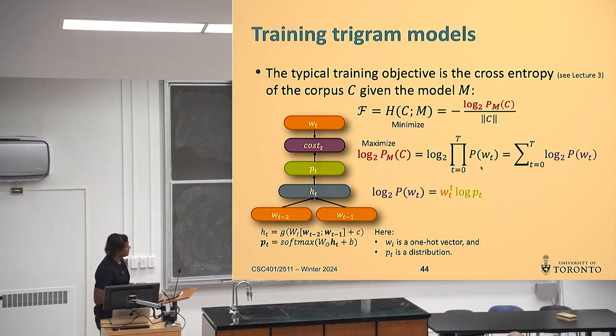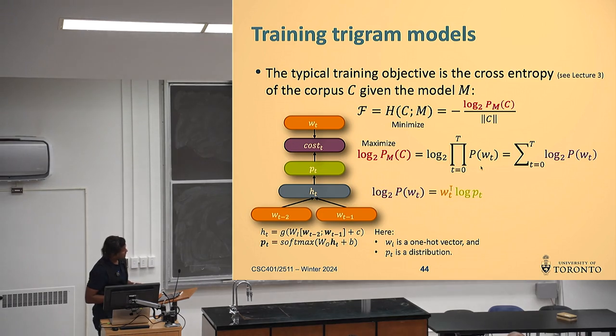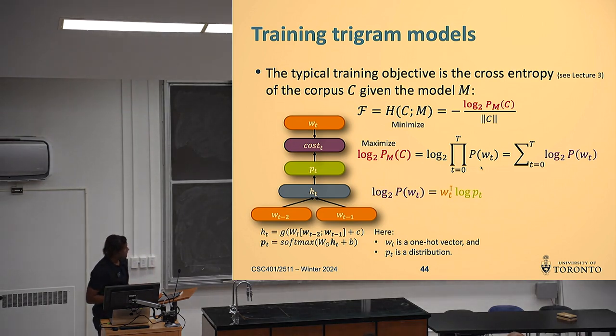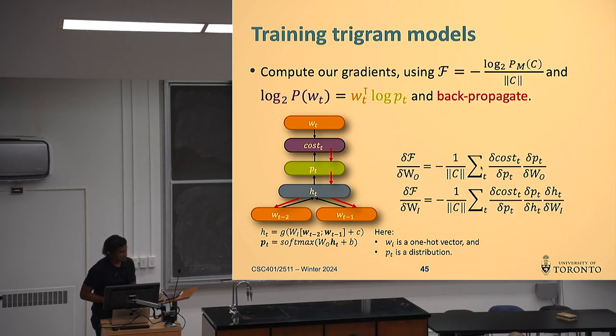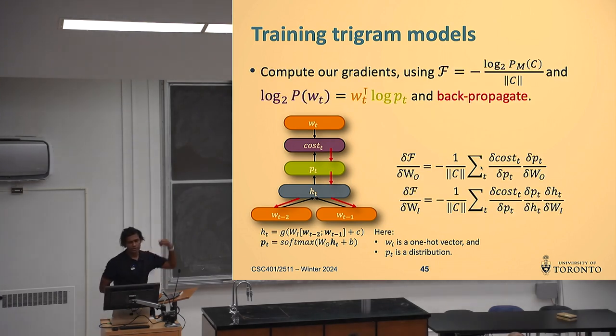And here you have the minus log probability of P_M(C), the probability of the corpus, which is basically equivalent to maximizing the log probability of your corpus given a model M. This term shows your cost function. And this slide essentially shows how you would backpropagate in order to update your weights.